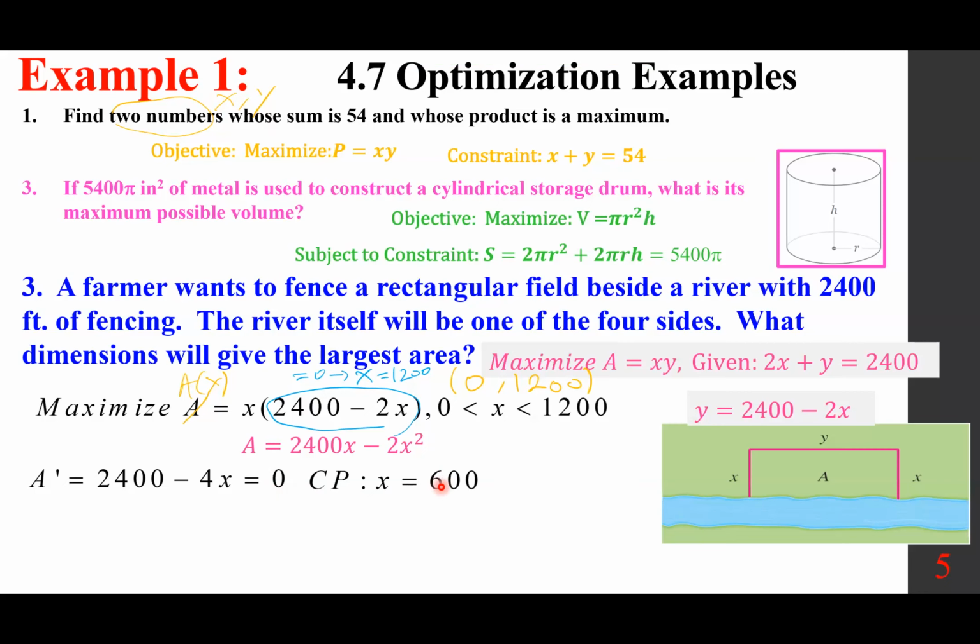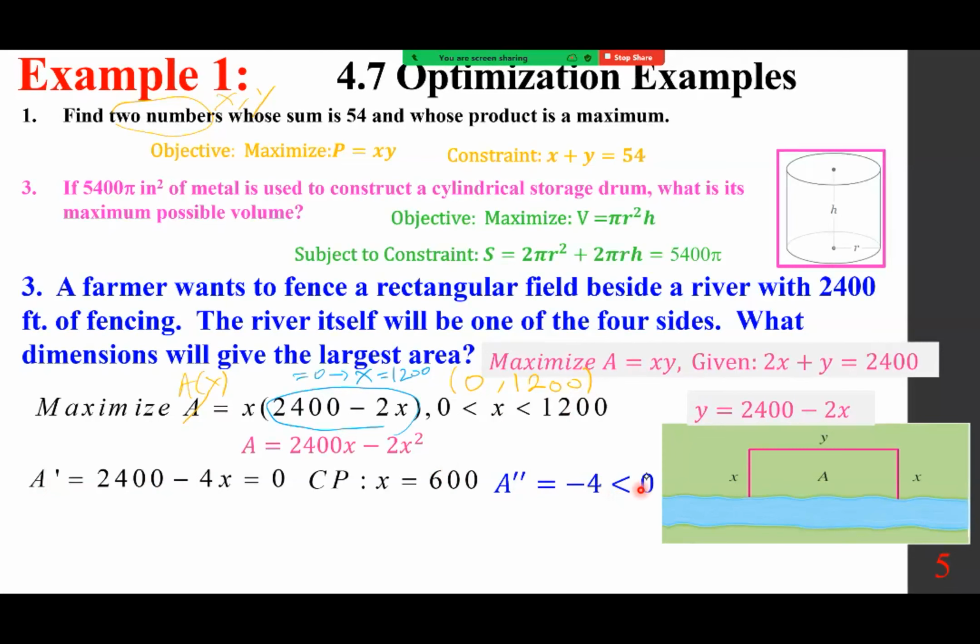So since it's only one, we already know it becomes an absolute. It is easier to use the second derivative because if I go with a double prime, I get -4, which is independent of x. If it's not, I have to plug in 600 and it makes no difference. This is negative, which means it's concave down.